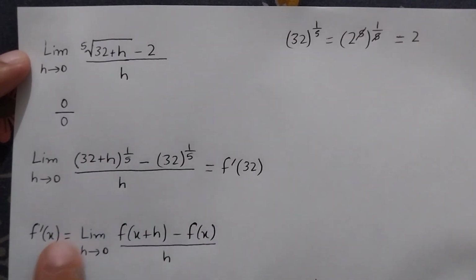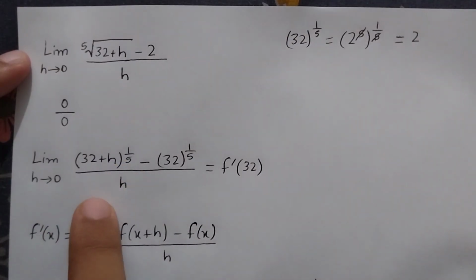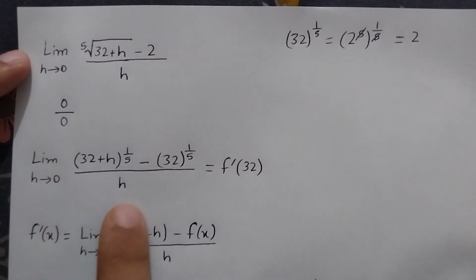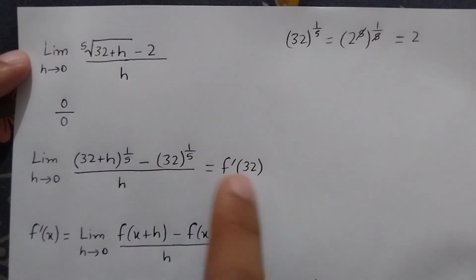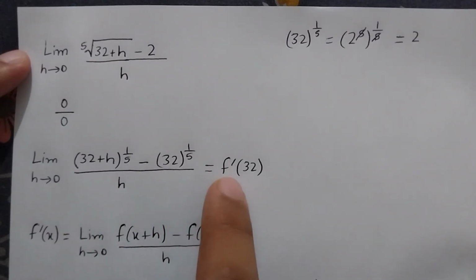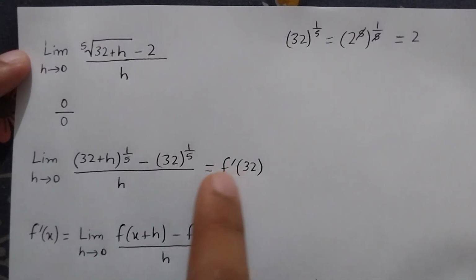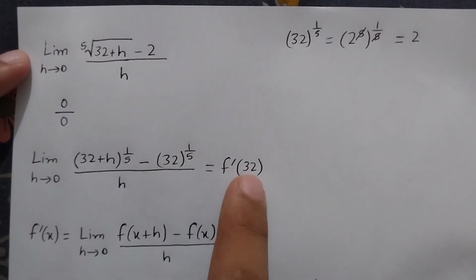This was our definition of derivative. It is f dash of x, and here the x was 32, so this is f dash of 32. So our required limit is just f dash of 32. We need to find the value of the derivative at x equal to 32.